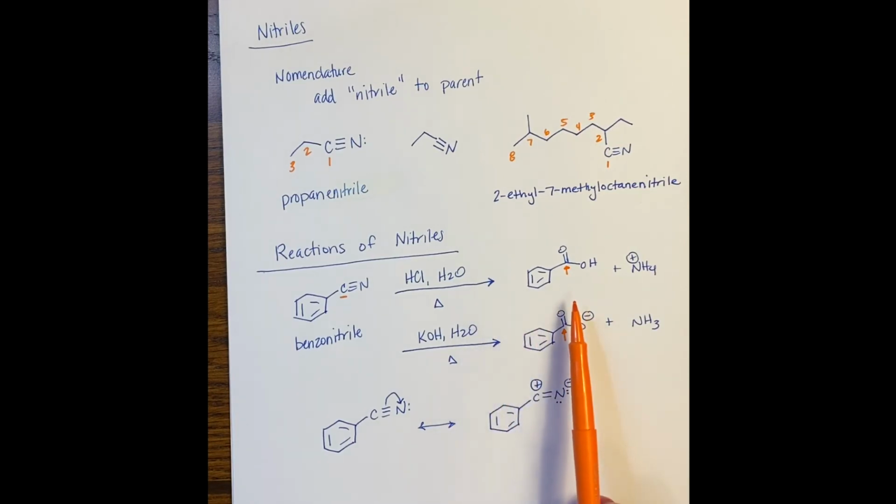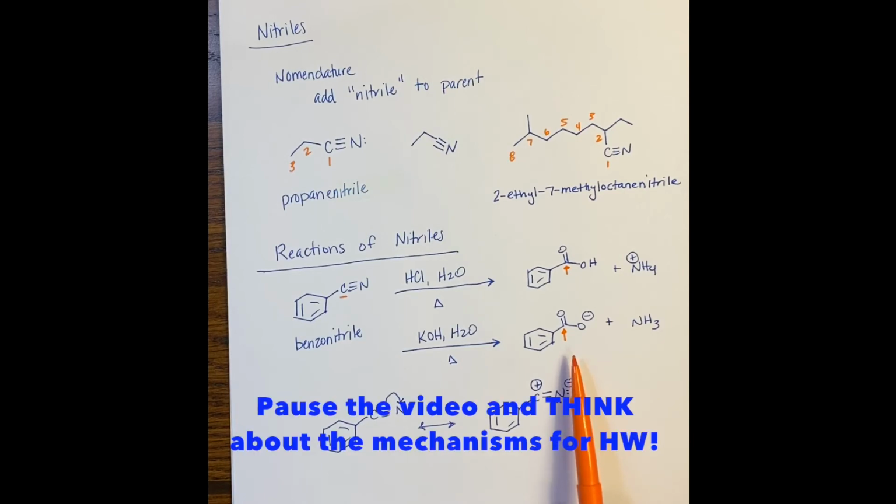This product forms under acidic conditions, so we have a lot of protons. When we have a lot of protons around under acidic conditions, things will protonate. Neutral molecules will leave our tetrahedral intermediate. Whereas in this mechanism here, we have basic conditions. Under basic conditions, there's no protons. Things that will leave our tetrahedral intermediate are going to have a negative charge. So think through both of these mechanisms. Pause the video, think through the mechanisms, and see what you come up with.